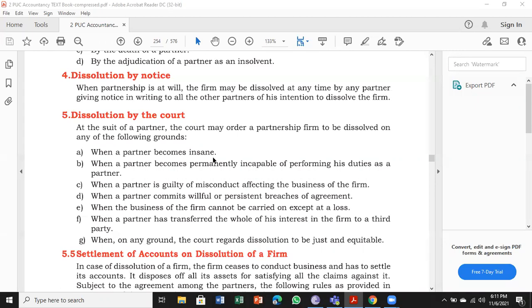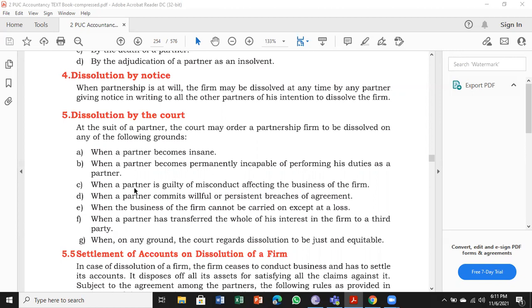When a partner becomes insane, insane means not having proper mind, not properly able to take decisions, then the business has to be closed. Or when a partner becomes permanently incapable of performing his duties as a partner, maybe physical illness, maybe mental illness, so the partner is not able to do the duties as a partner.